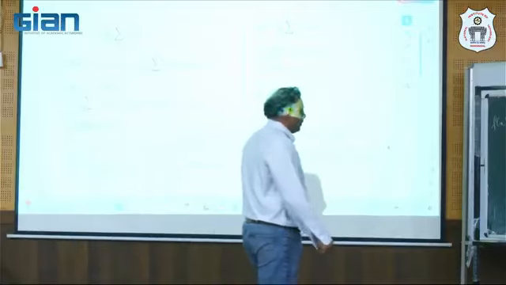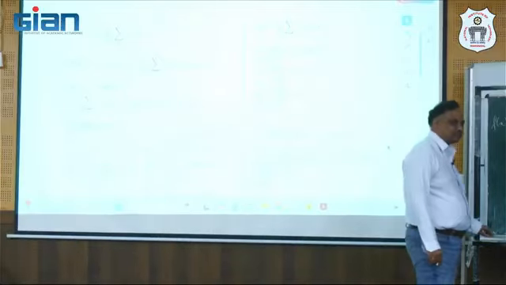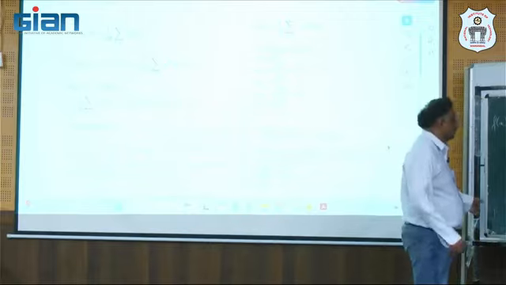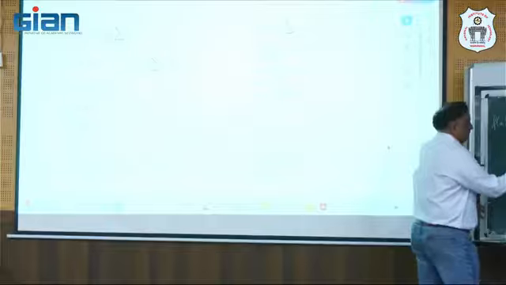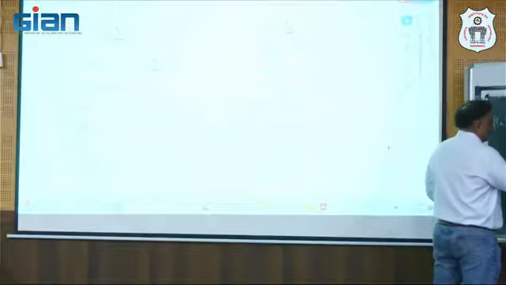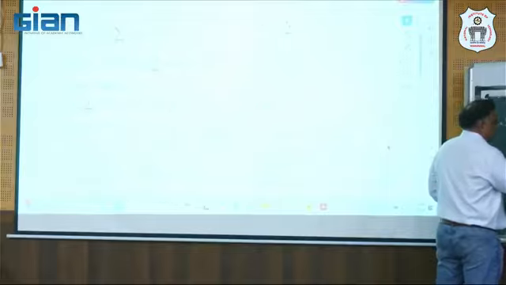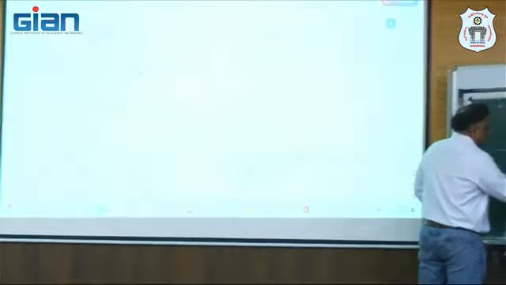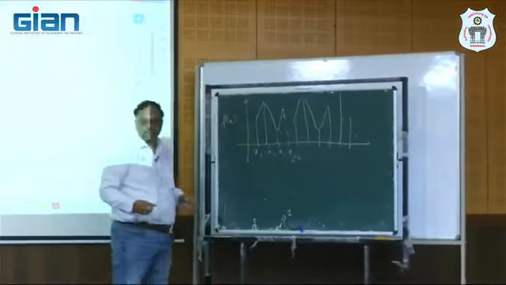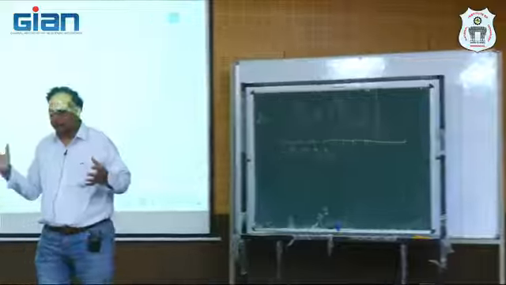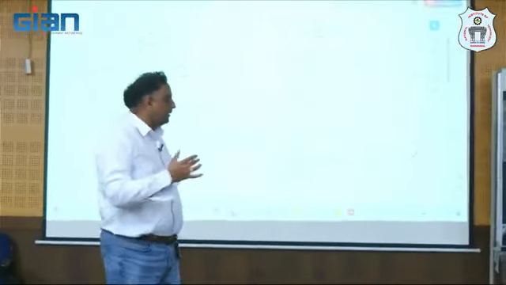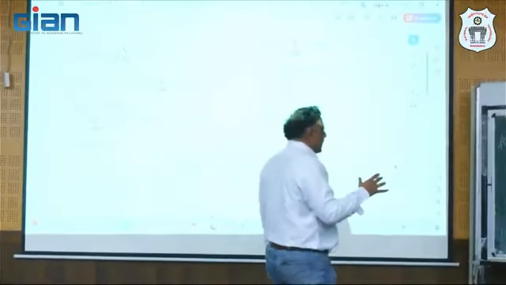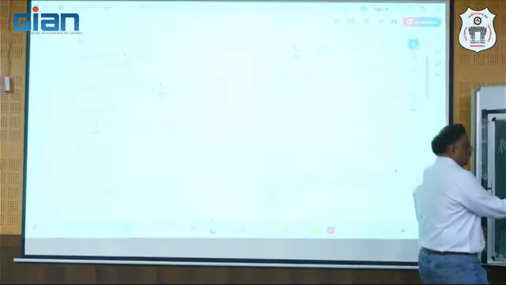Now what happens in Simon's problem? We have different values x1, x2, x3 and so on up to x 2 to the power n minus 1. Some values are there. Then the same values repeat.